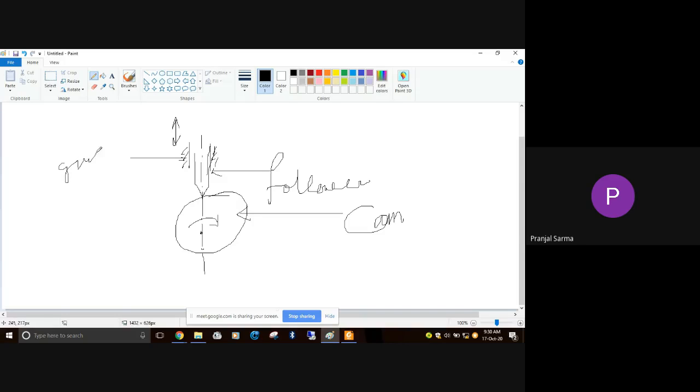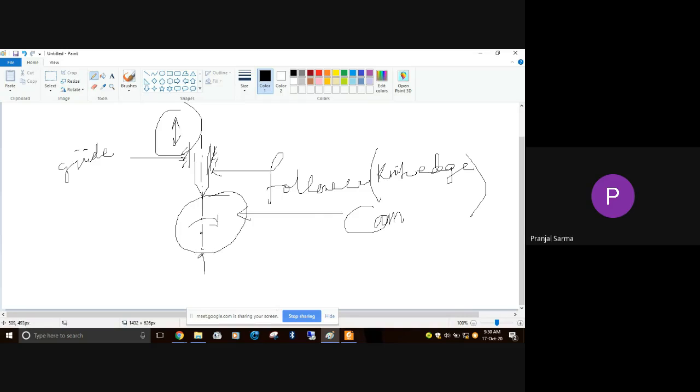So this is a reciprocating type follower. We can very easily see the reciprocation movement in the follower. So what type of follower is this? This is knife edge. From the look we can say knife edge. Don't mind the drawing.